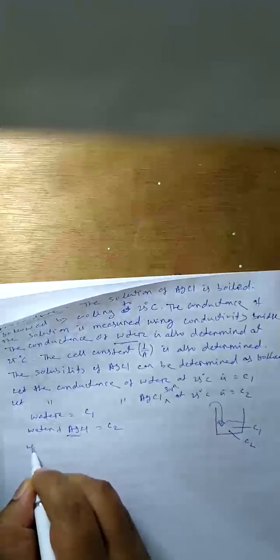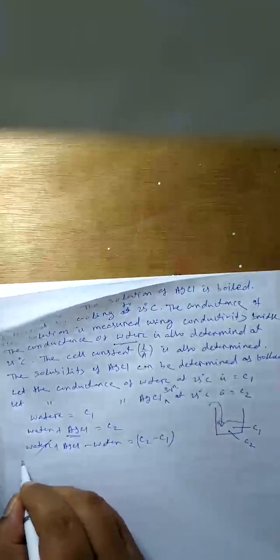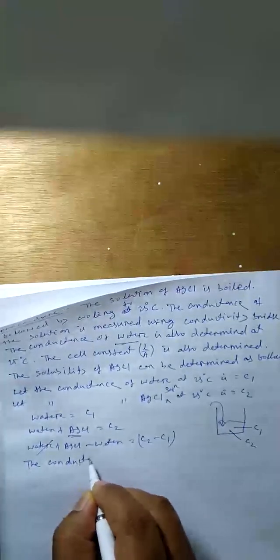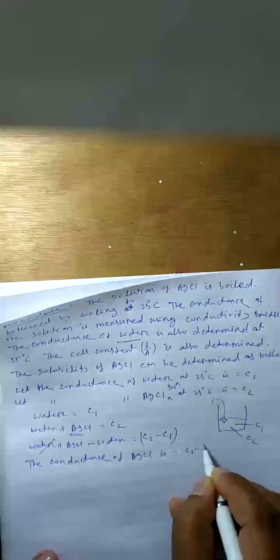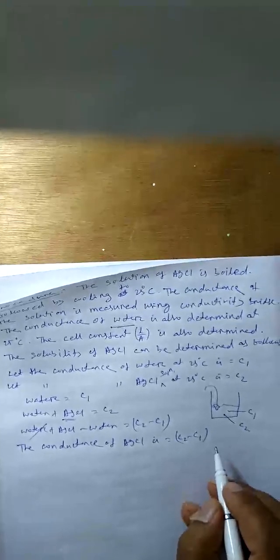So the conductance of silver chloride is water plus silver chloride minus water, which is C2 minus C1. The water cancels, so the conductance of silver chloride is C2 minus C1.